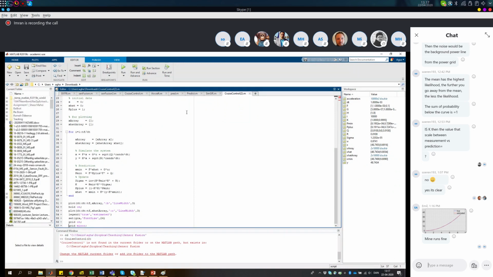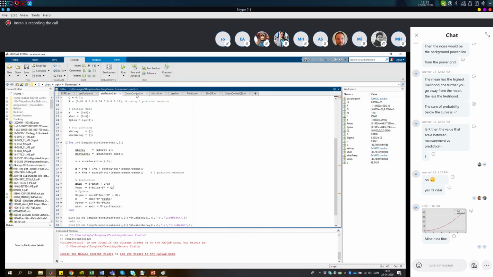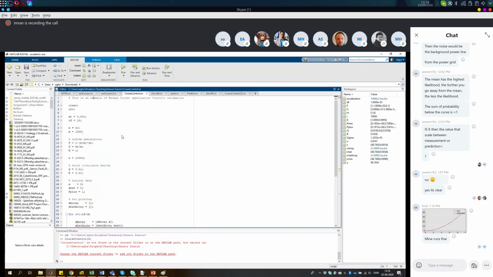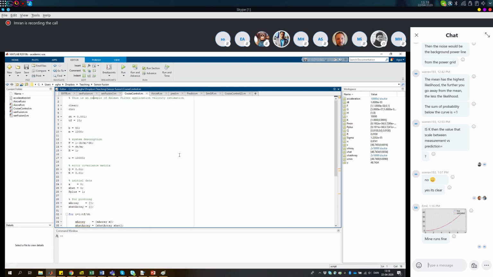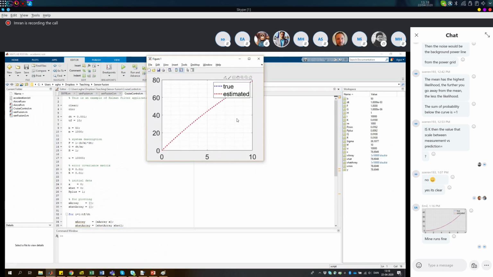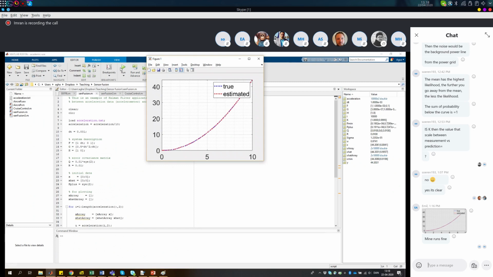Oh, sorry, this one, the correct one. Okay, sorry. I am getting an error saying undefined function or variable sen fusion. Wait, this is really strange. What happened? Oh, now it's working. Okay, that's strange.